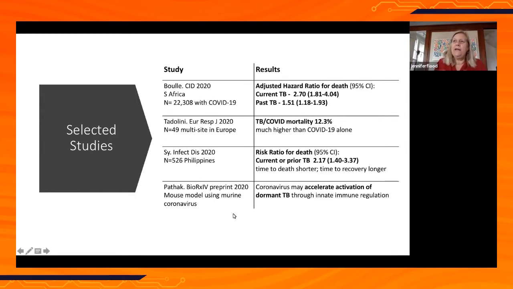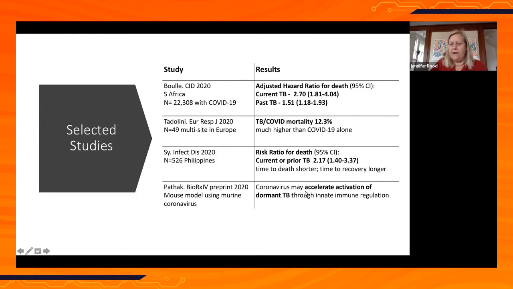Finally, what is the biologic plausibility for this pathogen, namely TB, to alter the consequences of COVID? A mouse model experiment using murine coronavirus gives us some insight.